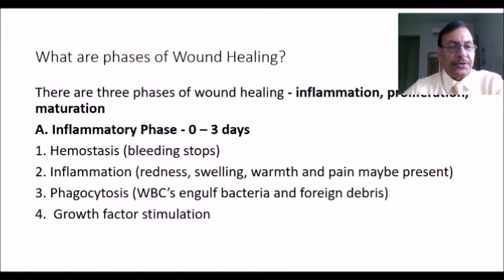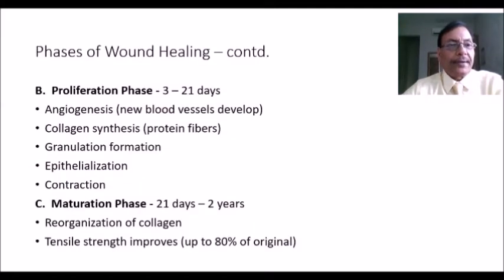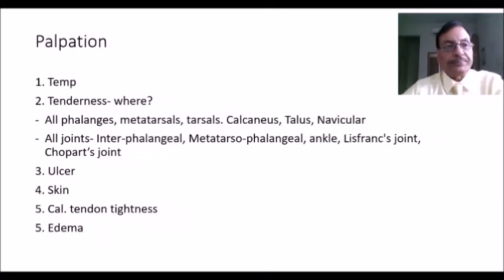Inflammatory phase lasts for 0 to 3 days. The proliferation phase lasts up to 21 days, whereas maturation phase lasts for more than 21 days, where tensile strength of the tissue improves.